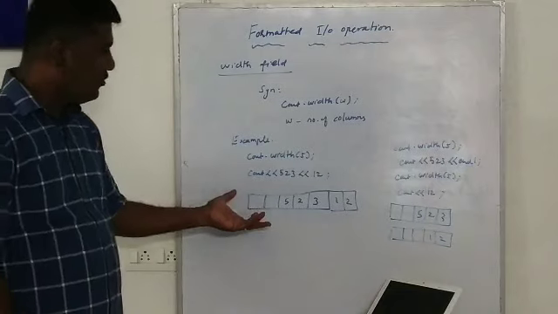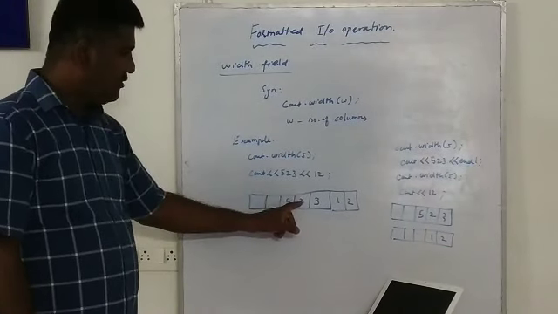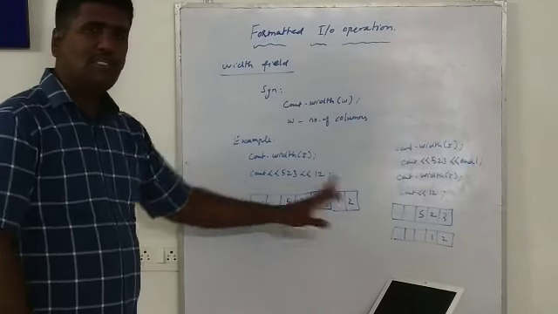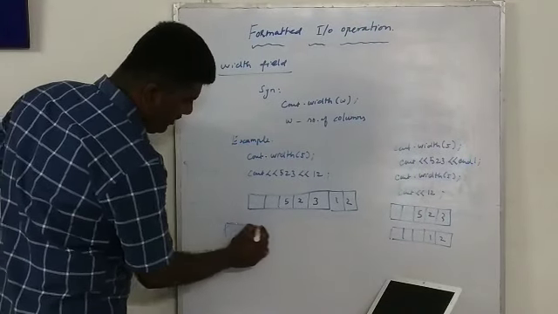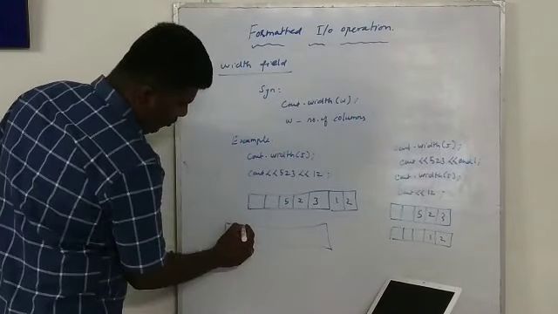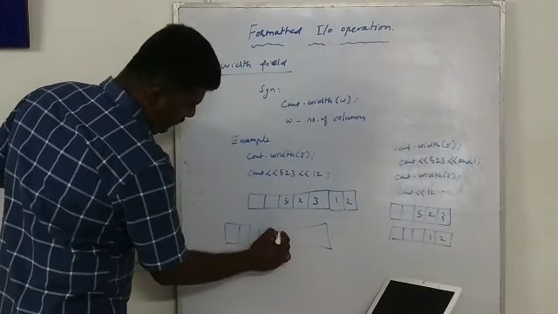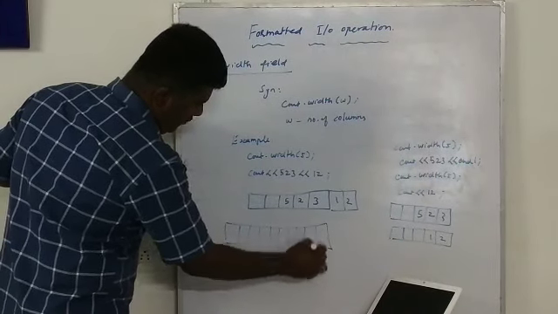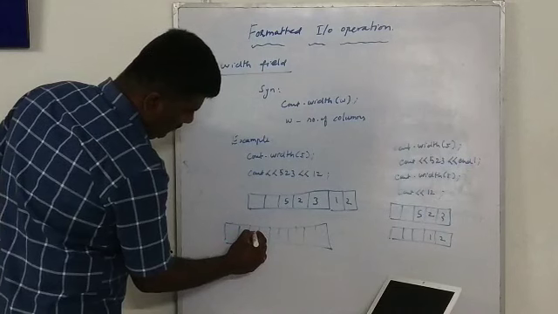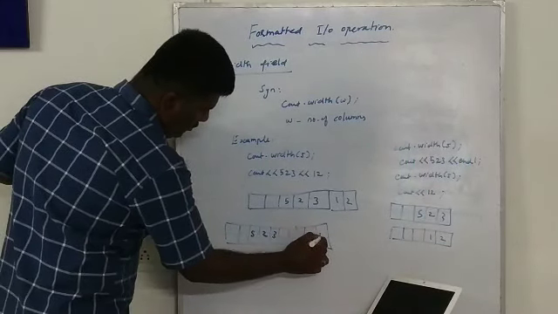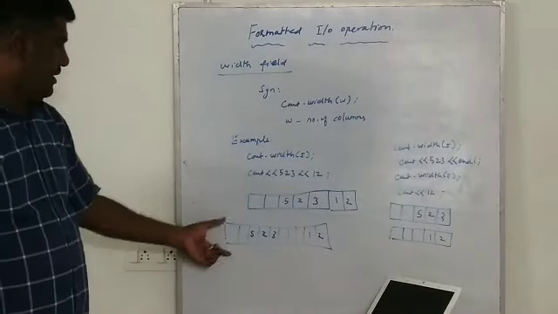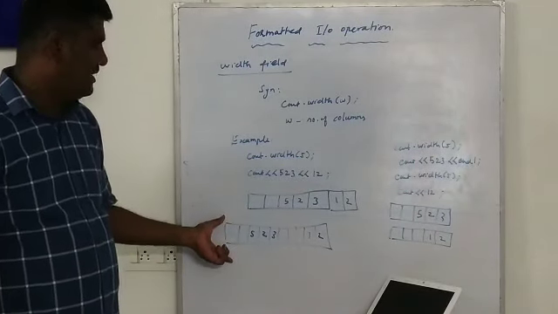So the output is like this: 523 immediately followed by 12. Suppose I want to display the output like this, with 12 also aligned in 5 columns.